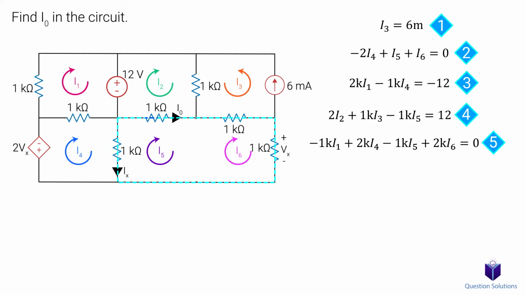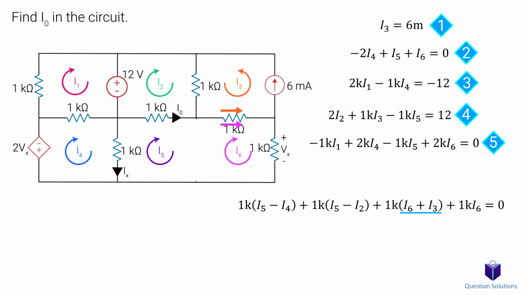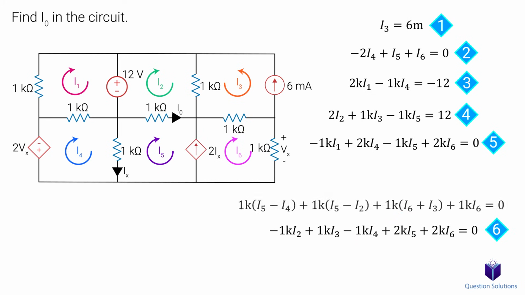Assuming our current to flow clockwise, we have 1K ohms times I5 minus I4, 1K ohms times I5 minus I2, 1K ohms times I6 plus I3, and 1K ohms times I6. Pay careful attention to this term because notice that both I6 and I3 are actually going the same direction in this branch, so they're both positive. Let's simplify. That's our sixth and final equation.